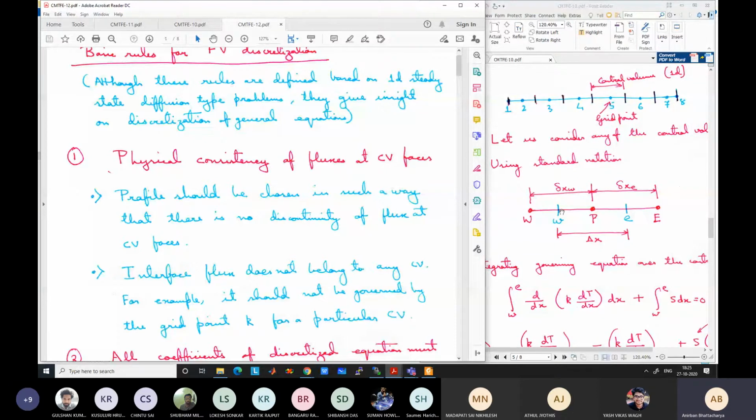That will cause a problem, because for the next grid point, I would write k_w as K_W, so the conductivity will become different at the same point and the flux will become different.